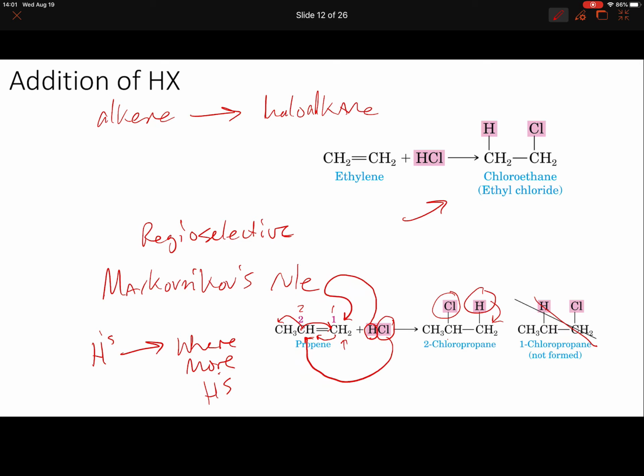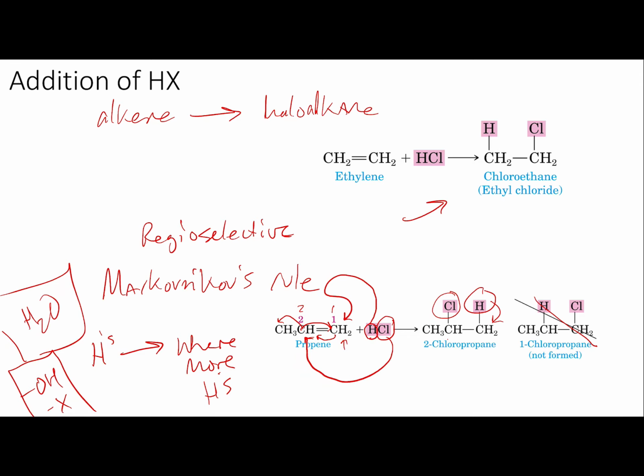That's Markovnikov's rule. It's going to be the same when we add water for the hydroxide. The hydroxide here will act just like our X, okay? Just like what the chlorine or the bromine or the other halogens are doing. Now, chemists account for the addition of HX to an alkene by a 2-step reaction mechanism.